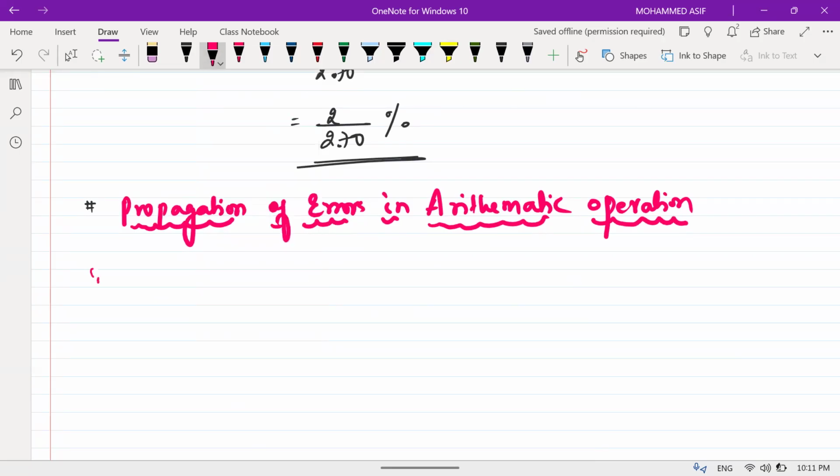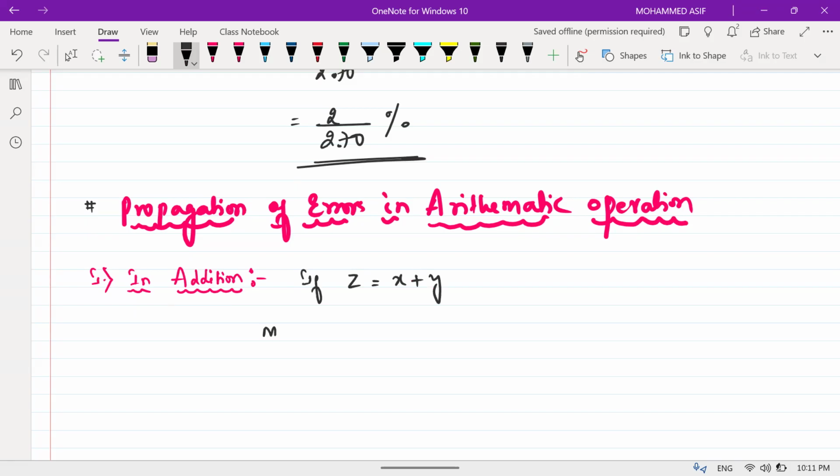First one, in addition. I hope a lot of people know them, but it will be a sort of revision. Let's say, for example, z is equal to x plus y. So what is the measured value here, beta?